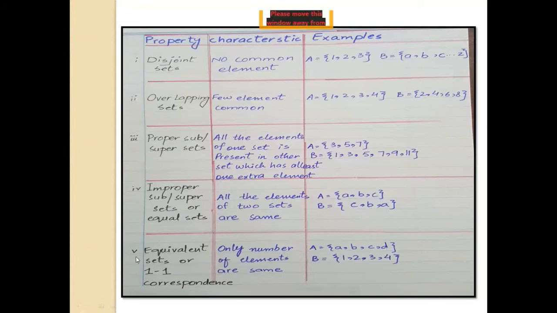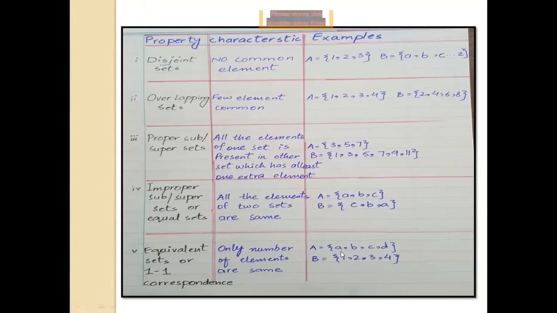Number 5 property is equivalent sets, or one-to-one correspondence. The difference between one-to-one correspondence and equal sets is that in equal sets, both sets contain the same elements, and in equivalent sets, the number of elements is the same.